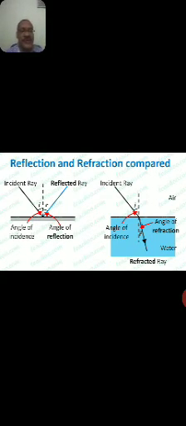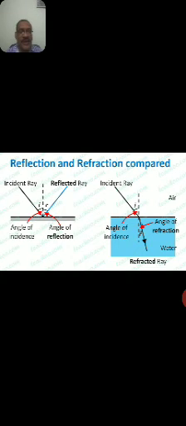In the second diagram, on the right side, the incident light ray falls from the air medium onto the blue medium, which is water, as shown in the figure. In this diagram also, a vertical dotted line is called the normal.